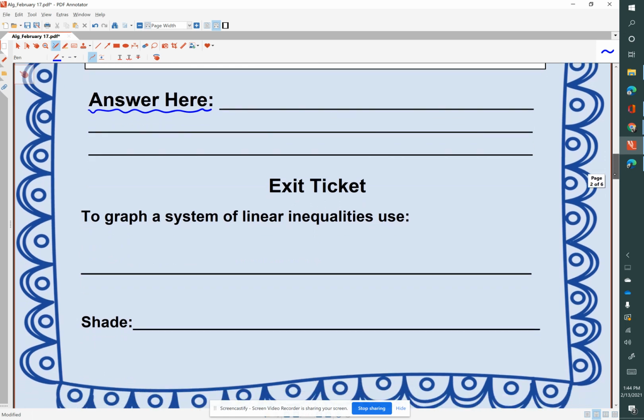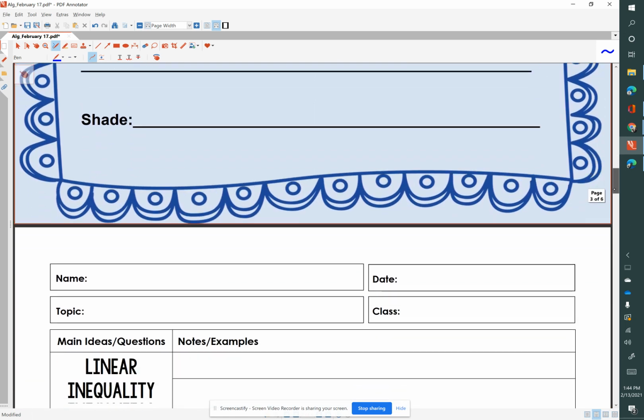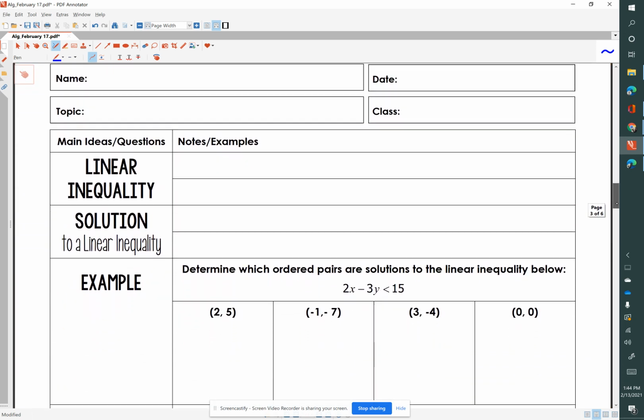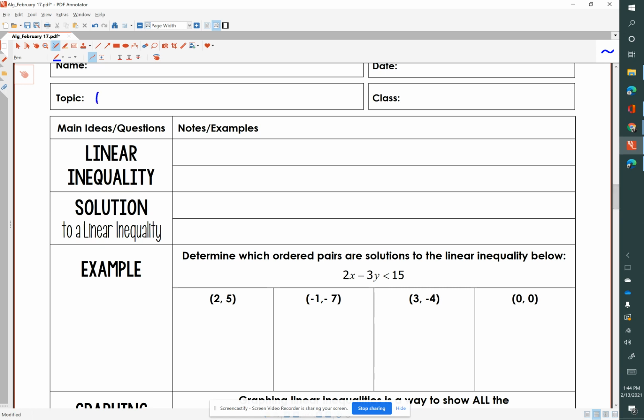You have an exit ticket today that we'll get back to, but let's get on to our topic of linear inequalities. Okay, so first of all, what is a linear inequality?